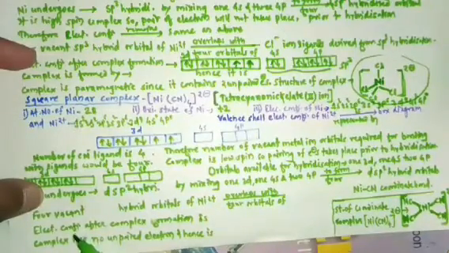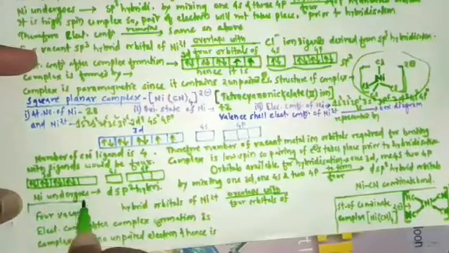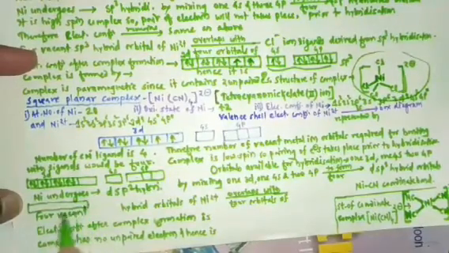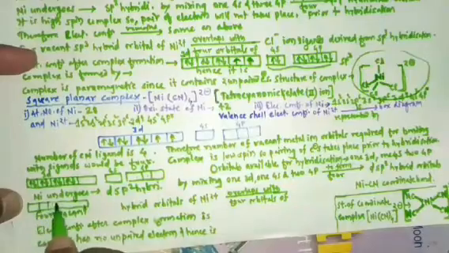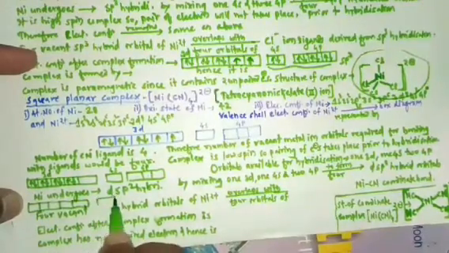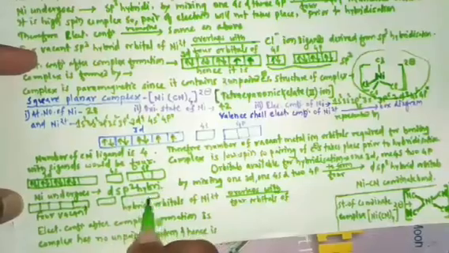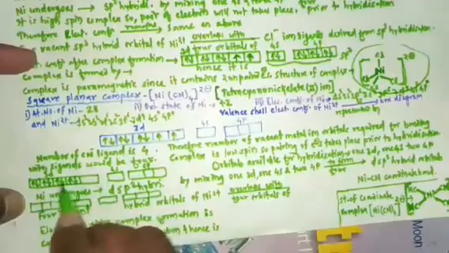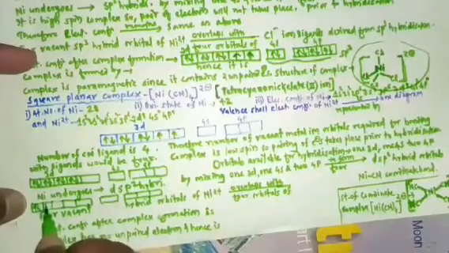So here we can represent the box diagram. These are the 3d orbitals 1, 2, 3, 4. Then these are the 4s and these are 4p. Here electrons are paired: 2 electrons here, 2 electrons here, 2 electrons, and here also 2 electrons.